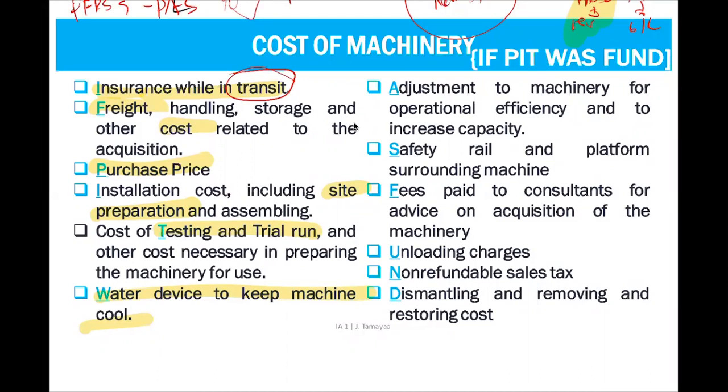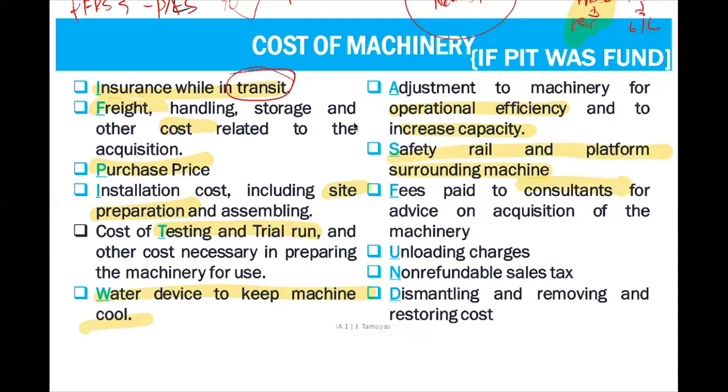Take note, it must increase its capacity and its efficiency. So any adjustment made on that machinery, so long as it is for the efficiency and for the increase in the capacity of the machinery, we include it. Also, safety rail and platform surrounding your machine.